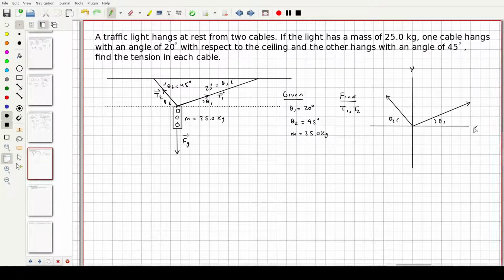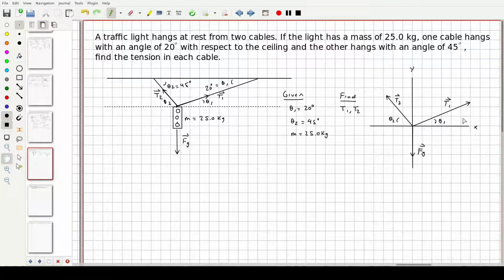Y-axis, x-axis, and then we have gravity going down like this. So this is our weight. This is tension 1, and this is tension 2. And these are the things we're trying to find.